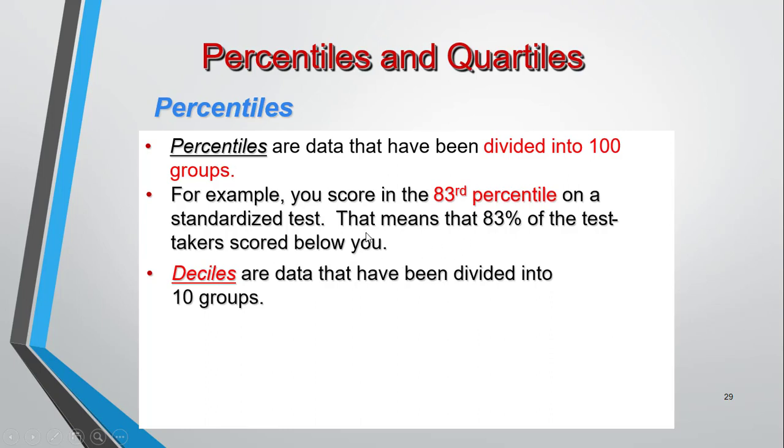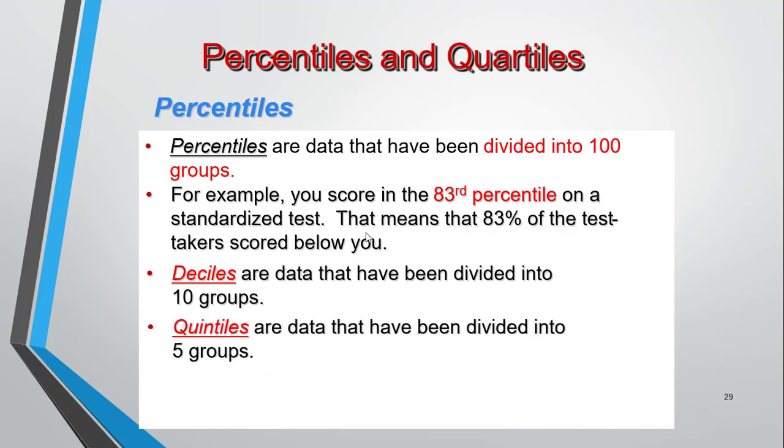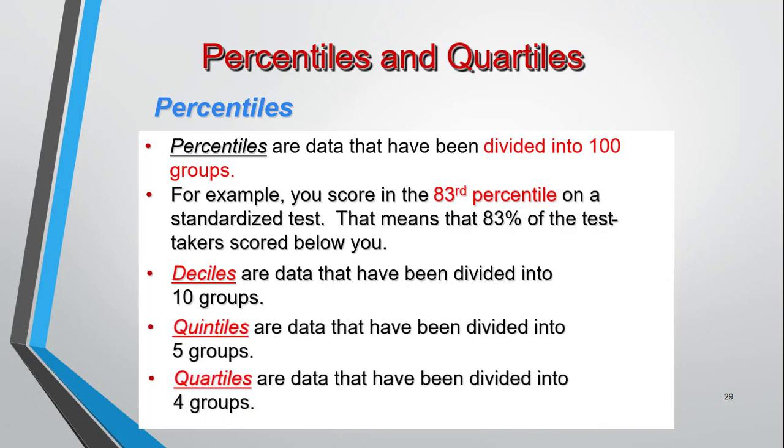That's percentile. Other than percentile, which is used most often, we can also use deciles. Deciles are the data that have been divided into 10 groups. You can have the first decile, that's the first 10%, the second decile, the second 10%, etc. You can also use quintiles. That's the data that have been divided into 5 groups. The first quintile is the first 20%.